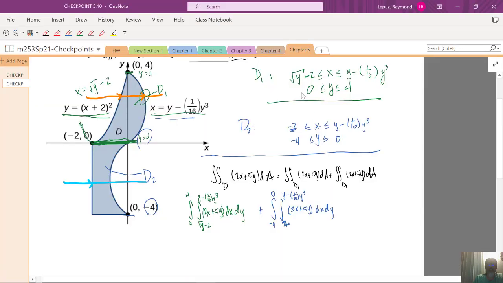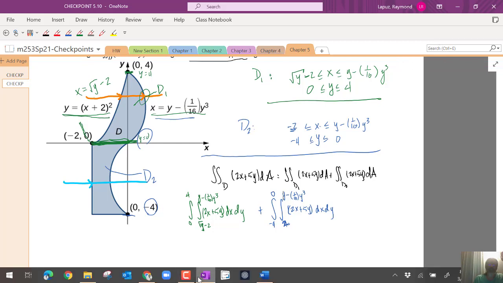So if we take a look at this first region, the domain D, the x value is going to go from root y minus 2 less than or equal to x less than or equal to that function. And then the y goes from 0 to 4.